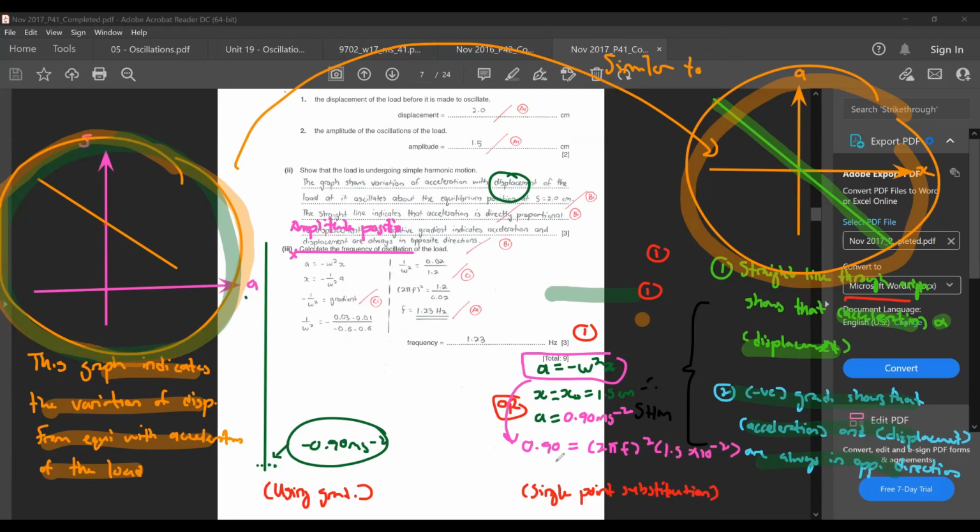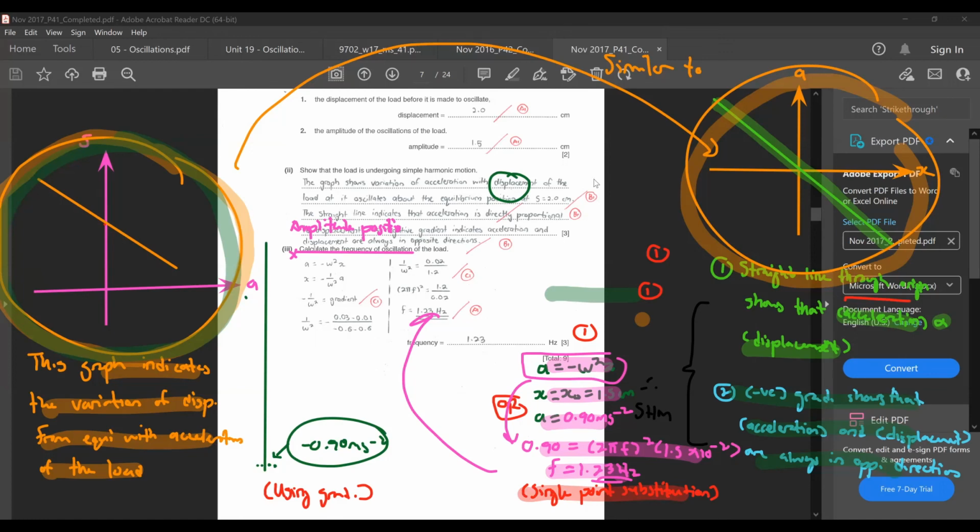So you just do 0.9 divided by 1.5 times 10 to the power minus 2, divided by 4 pi squared, then square root of the answer. Your frequency will be 1.23 hertz, same as what you have over here by calculating the gradient. But you see, this one is so much simpler than calculating your gradient. So you can use single point substitution.